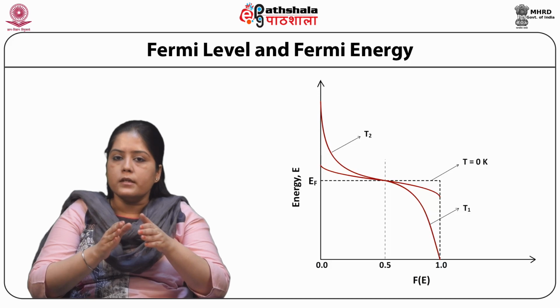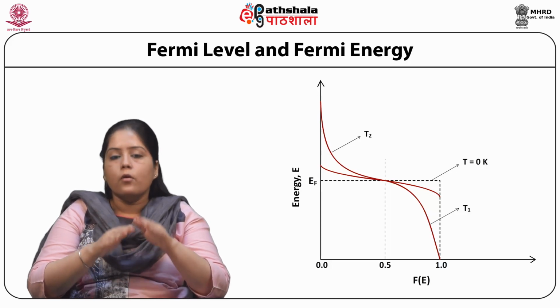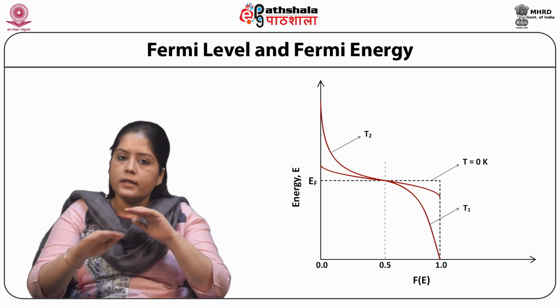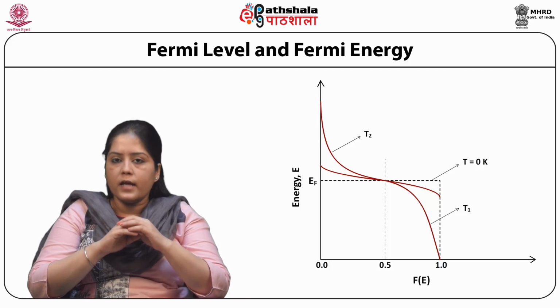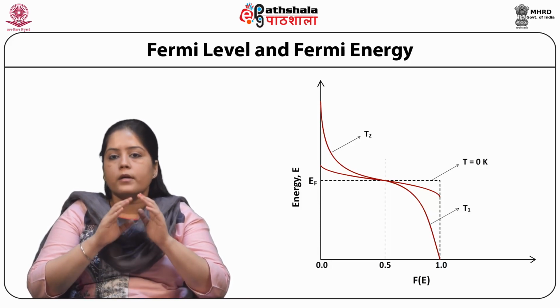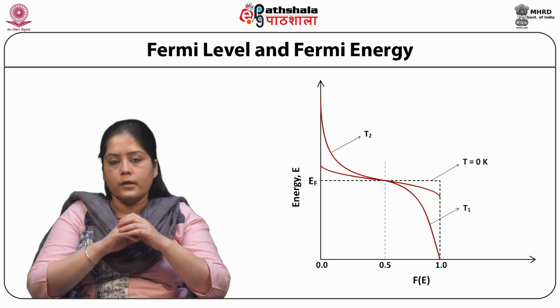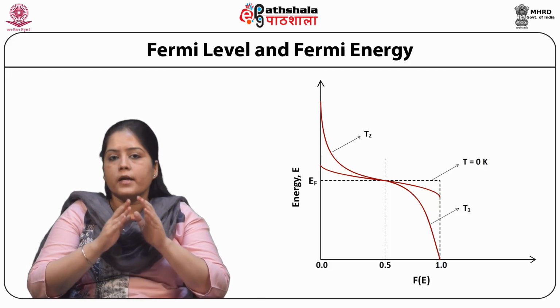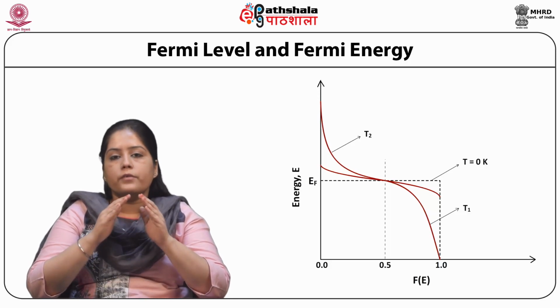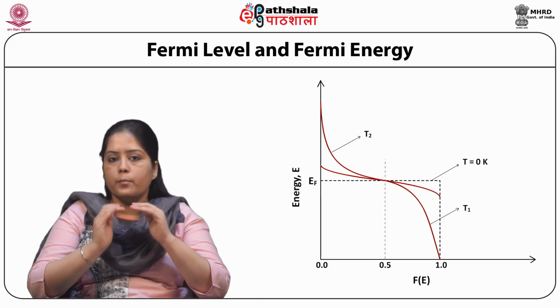The probability of occupation of an unoccupied energy state at an energy E can be calculated with the help of the Fermi-Dirac distribution function, or Fe. So the expression for Fe is given by Fe is equal to 1 by 1 plus exponential of E minus EF by kT.